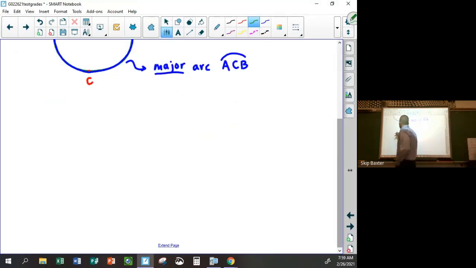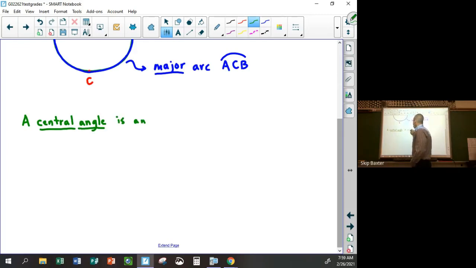Second definition is central angle. A central angle is an angle whose vertex is the center of the circle.